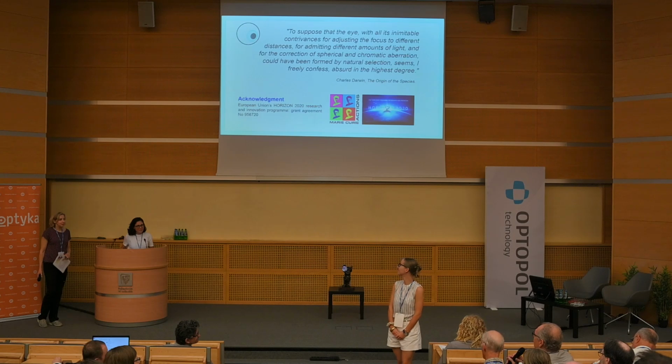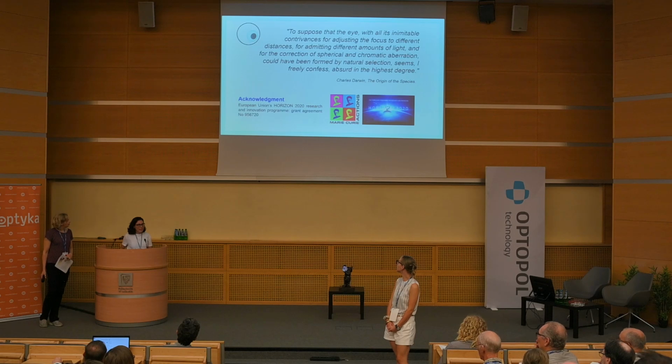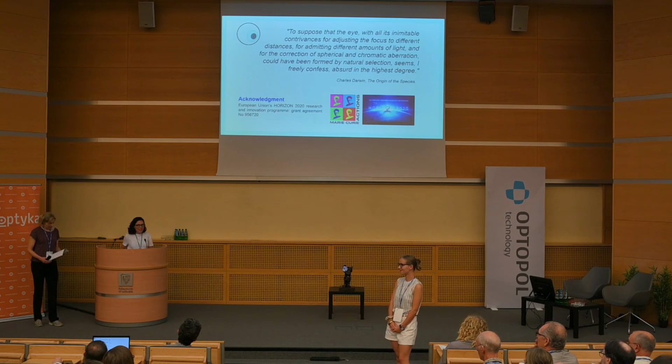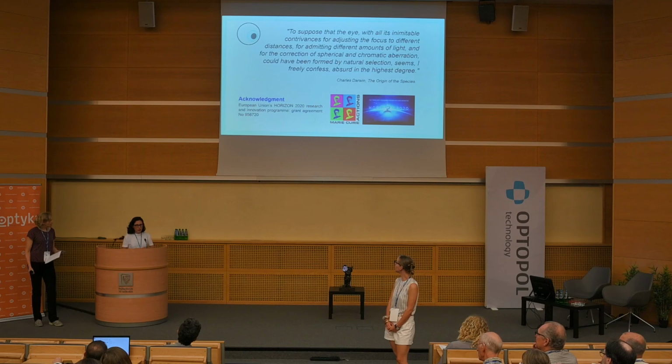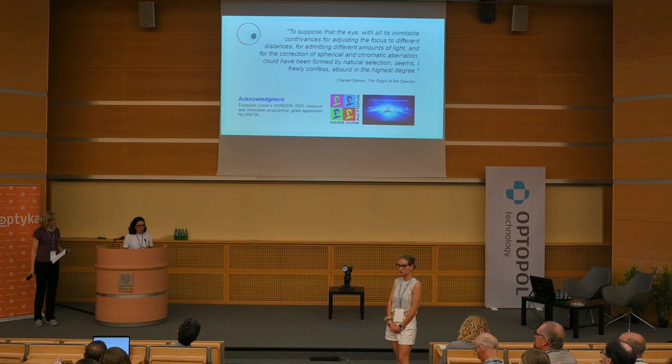I'm more interested, did the distributions change as a function of age? Yeah, but what we want is to do it with the accommodation, when the eye is still accommodating, not depending on the age.